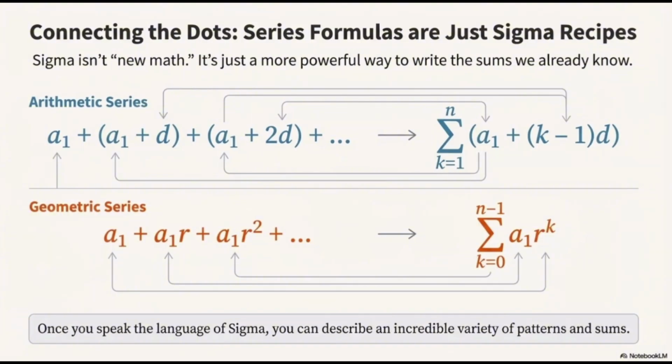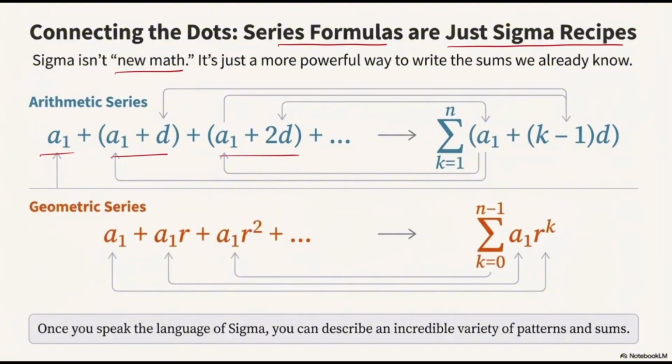So let's connect the dots and see what is happening over here. We have a series of formulas that are just sigma notation. What does that mean? Sigma is not just a new math. It's another form that, instead of just writing down the patterns between the numbers, or at least writing down the numbers, for example a1 plus 2d, we call sigma.